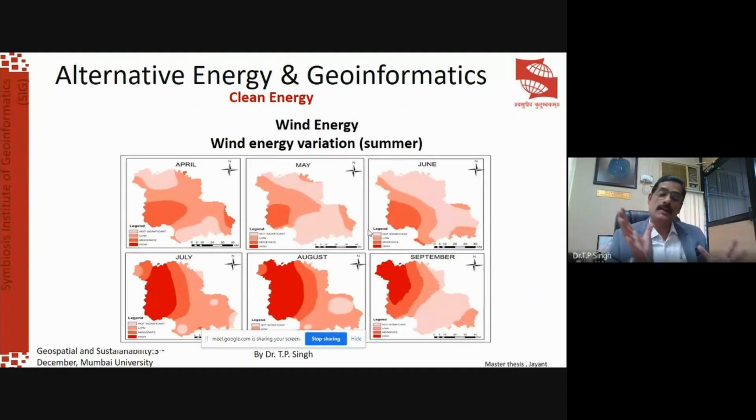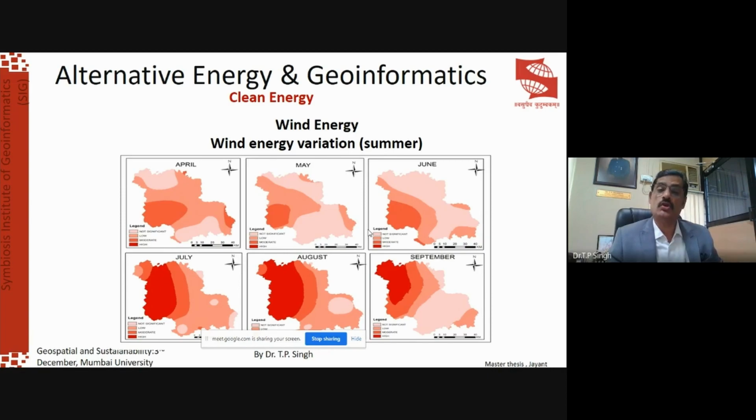Coming to another aspect of clean or renewable energy, wind energy is very important, and the Rajasthan area of India is very prominent. We have wind velocity at different time periods, in May, June, July. What is the direction of the wind, and what wind velocity do we have?